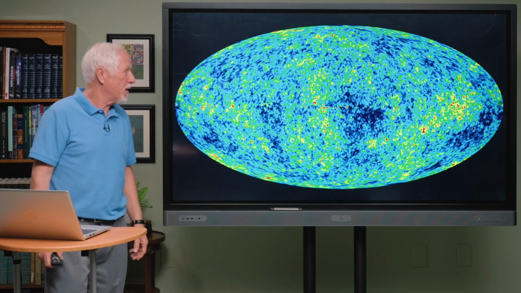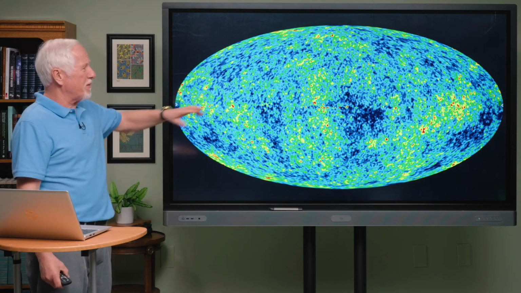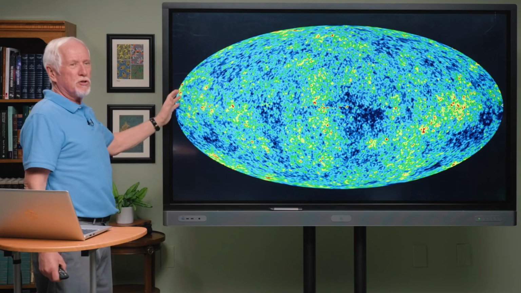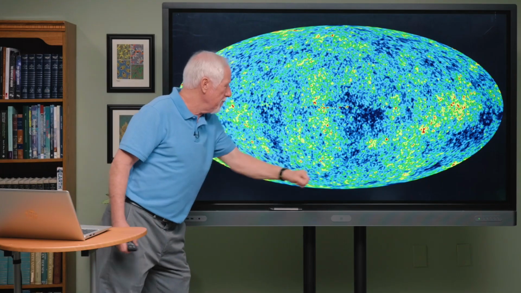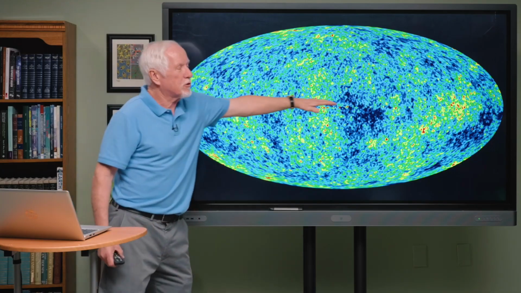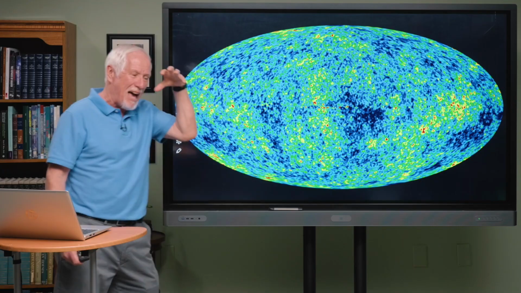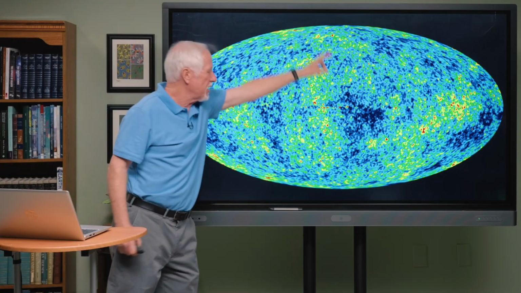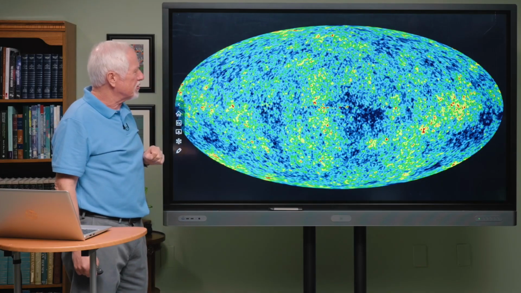And by the way, here's the map from COBE showing what the sky looks like. Some people have a hard time visualizing what this is. Have you ever seen a map of the whole Earth surface shown like this? You've got the poles up at the top and at the bottom, and you've got the equator running across the middle. That's what we have here. This is the whole sky, but instead of looking down like we would on the Earth, we're looking up at the sky. So we've got the poles and the equator, and the modeled appearance is due to those differences in temperature.